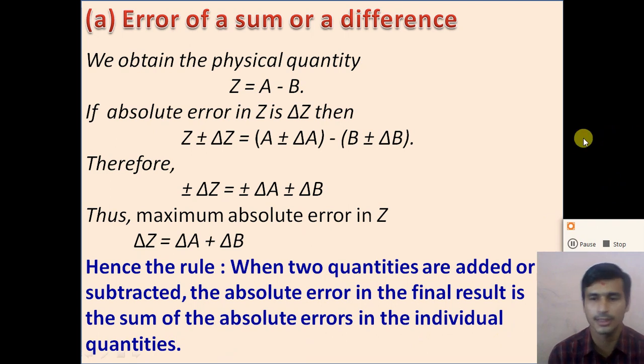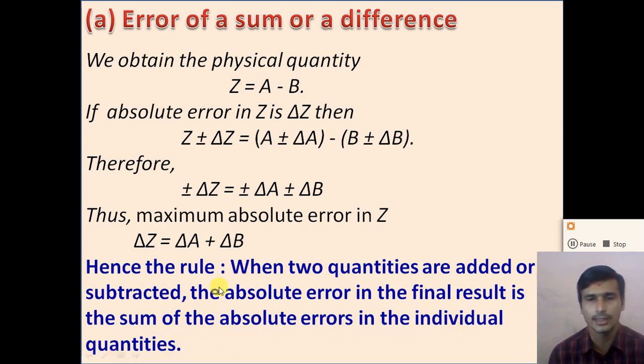So dear student, understand about how the errors are combined in a sum and difference of the several physical quantities. So when two or more physical quantities are added or subtracted, the maximum absolute error in the final result is the sum of the absolute errors in the individual physical quantities.